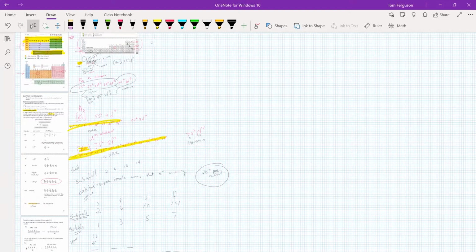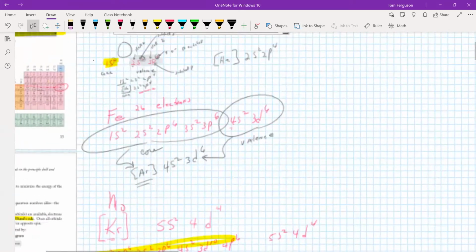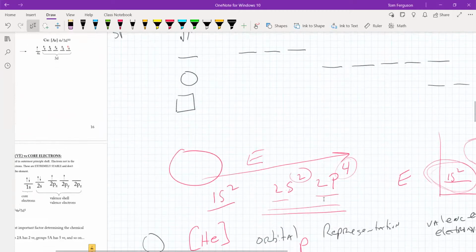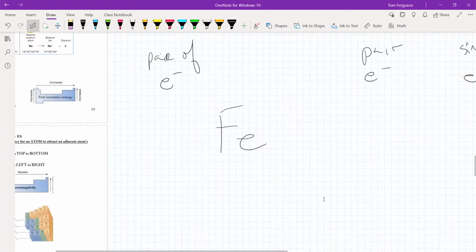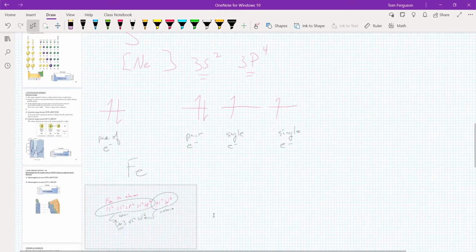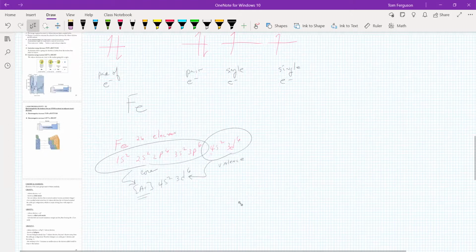Here is iron right here. Okay, so here's iron.